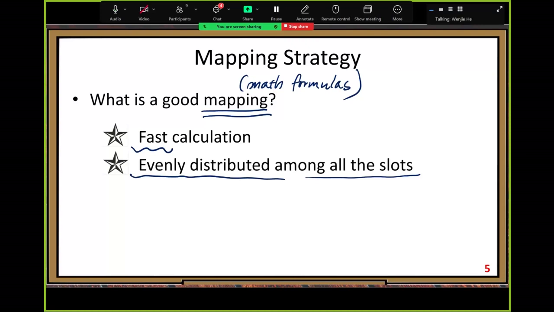All right. Third one, not sensitive to any pattern, the pattern of data. Your data may follow some pattern, the search keys may have some special properties. Pattern here means some special properties.